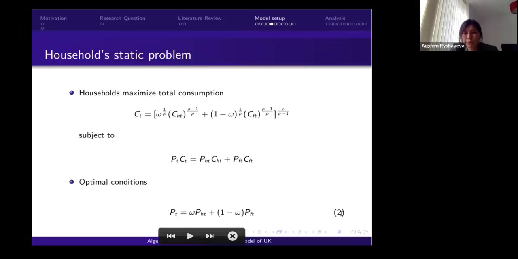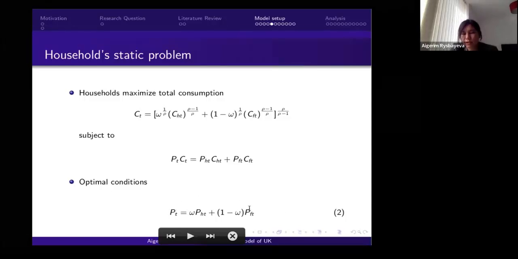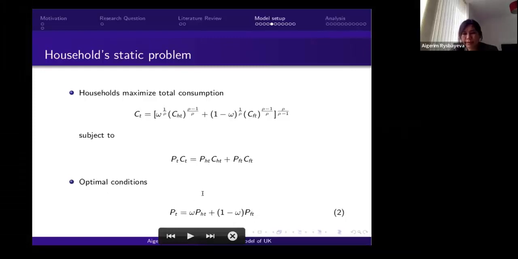This is equation 2, where the CPI is a weighted average of the domestic price, PHT, and the imported price, PFT. This is quite important because this shows one of the transmission channels, how the exchange rate affects the CPI level. We know that exchange rate affects import prices, and import prices affect the CPI level.